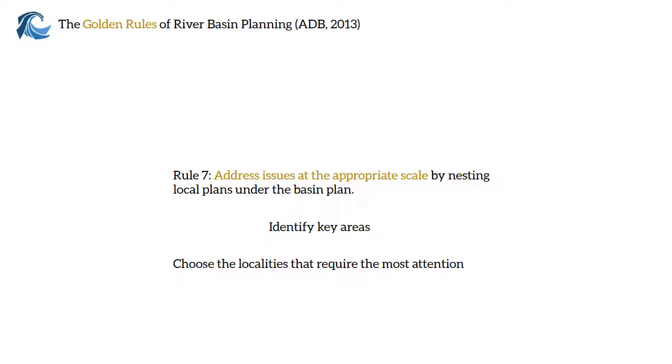But looking at the Philippines, it may cover multiple municipalities or even provinces, and identifying which areas to look at first may be more important than trying to fix everything at once. So which areas do we know need more attention, and which areas could be worked on in the future rather than now? Which areas do we need to work on now?